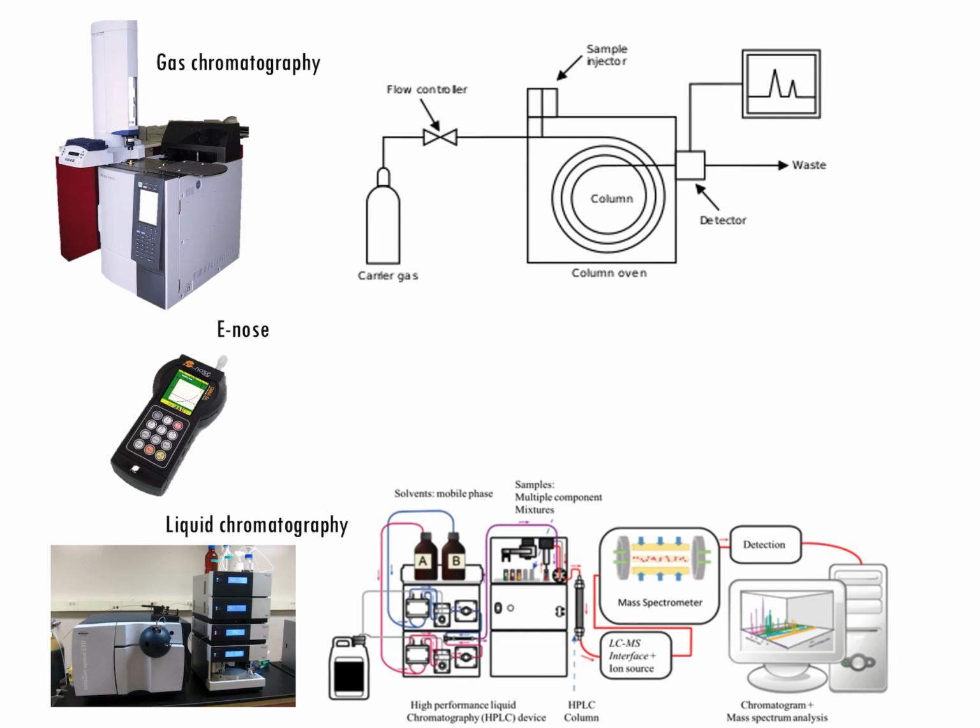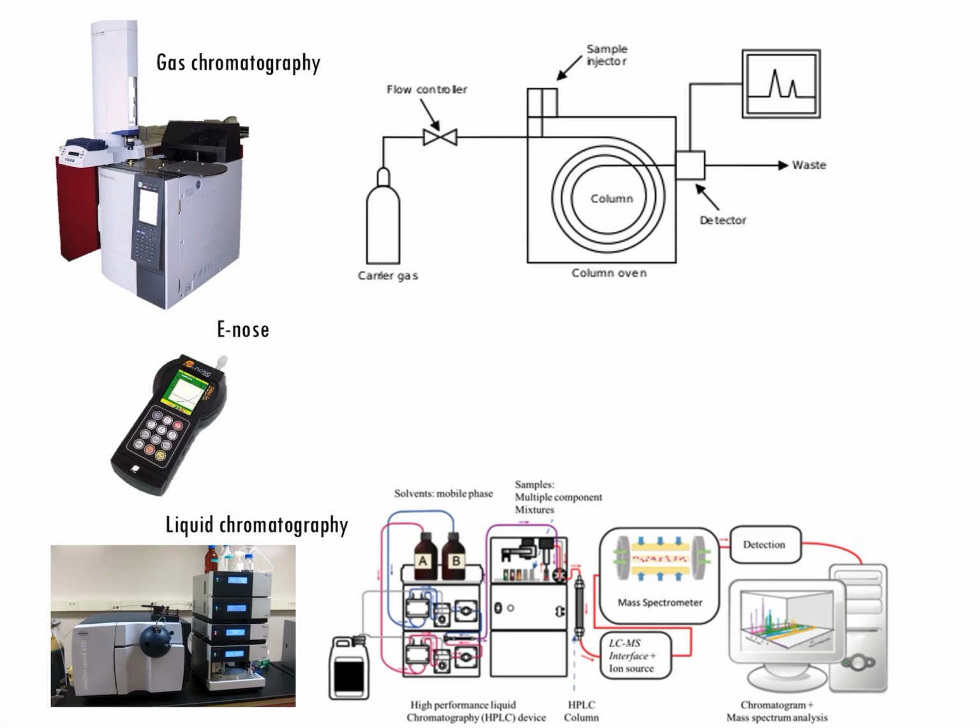All 40 compounds will be separated in the column within the gas chromatography by their different polarity, and then we will be able to identify each compound by using gas chromatography coupled with mass spectrometry.